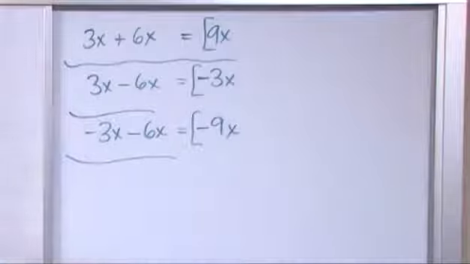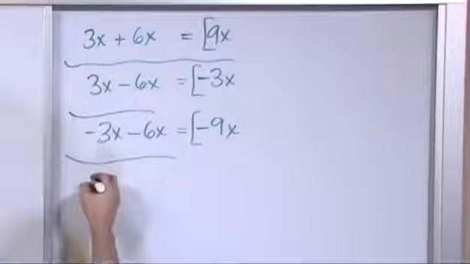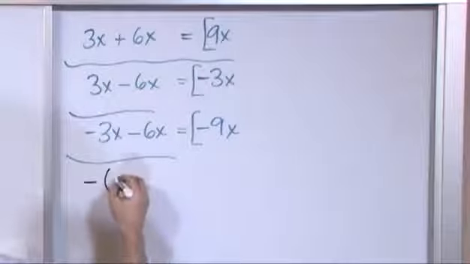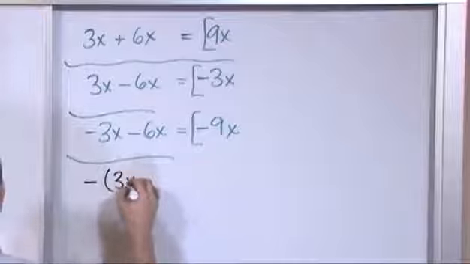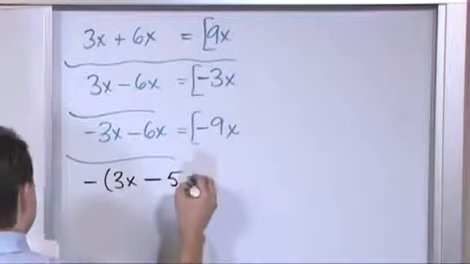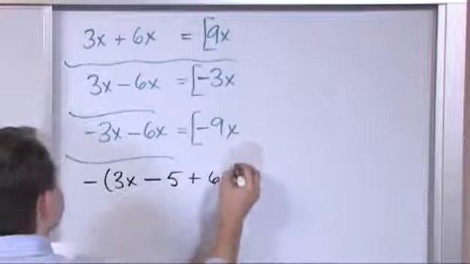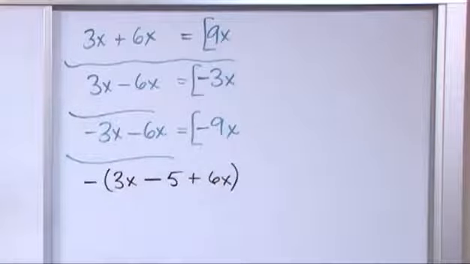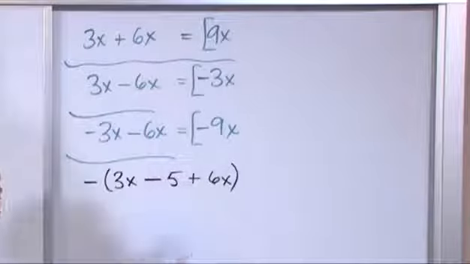And that's the answer. Now let's switch gears just a little bit to a different type of problem. Let's say it says simplify this expression: 3x plus, let's go, minus 5 plus 6x. Well, the first thing you should do, like always, is simplify the inside of this parenthesis if you can.